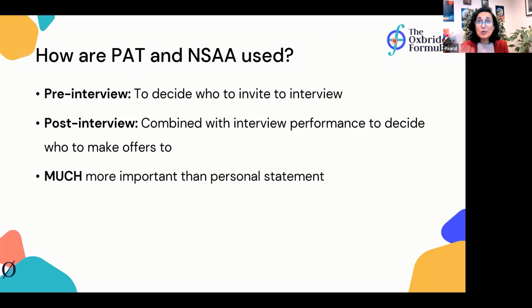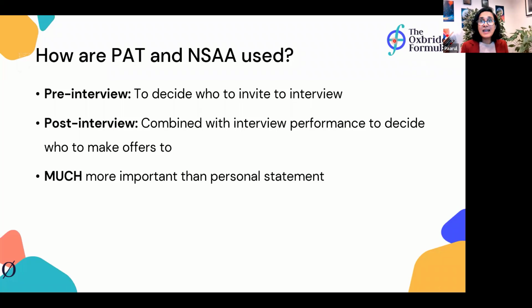It is super, super, super important for me to emphasize that for physics, engineering, natural sciences, this test and the interview will be significantly more important than your personal statement. I talk to lots of students on a regular basis, and I ask, how are you preparing for your Oxbridge application? And I hear all this stuff about all these extracurricular things they're doing and all the lectures they're attending and books they're reading, and all of that is fine.